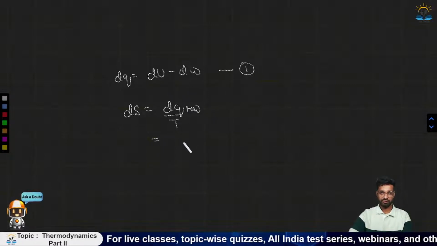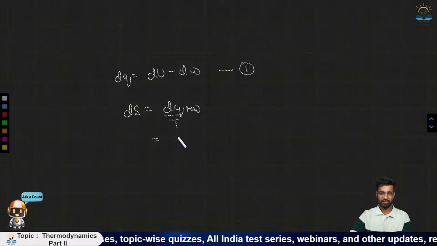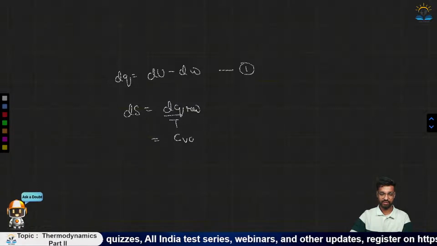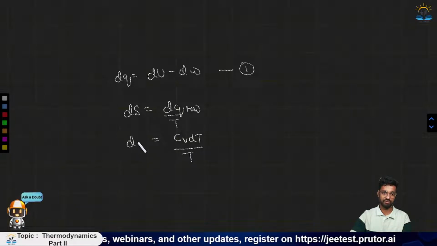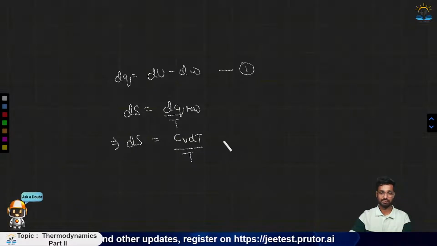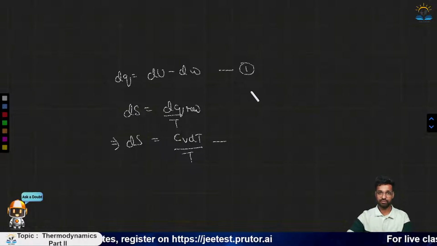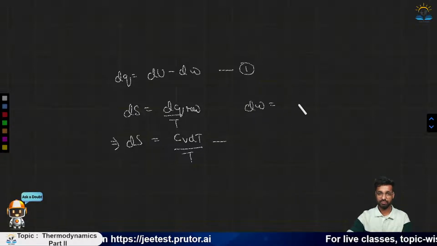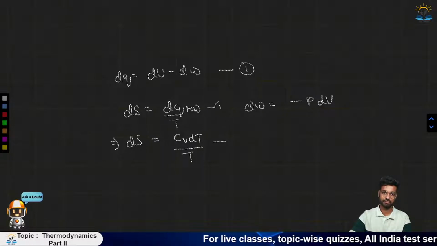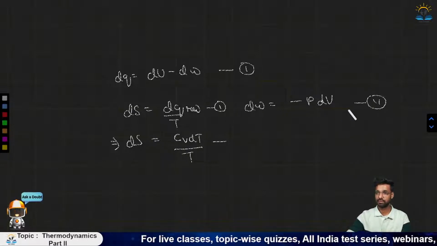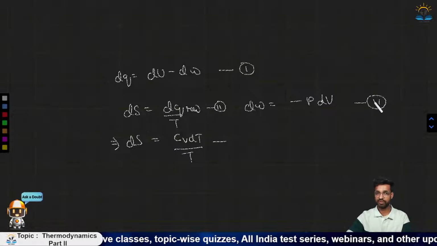Now we know that dU is equal to Cv dT. So for 1 mole, we can write Cv dT by T. So this is for dS. Now we know that dW is equal to minus P dV. So this is equation 2, this is equation 3.